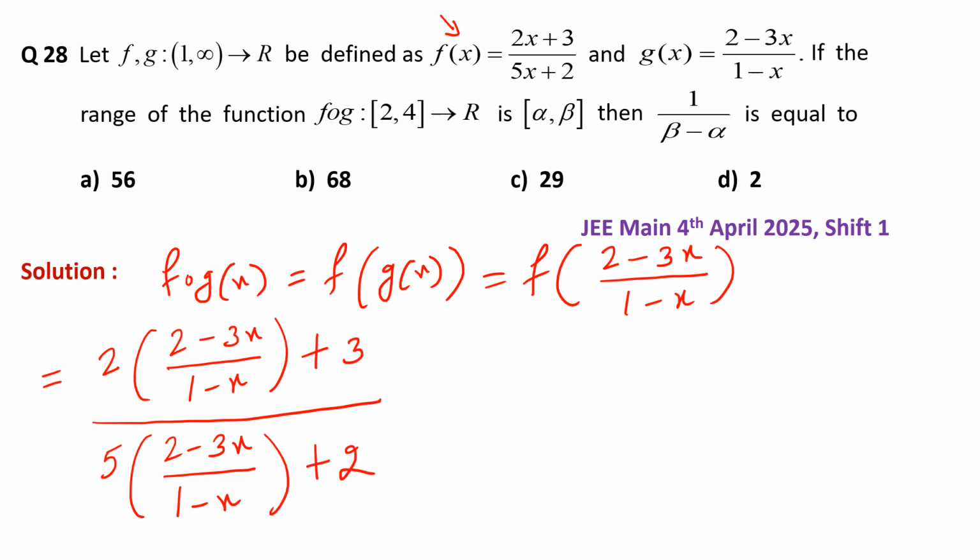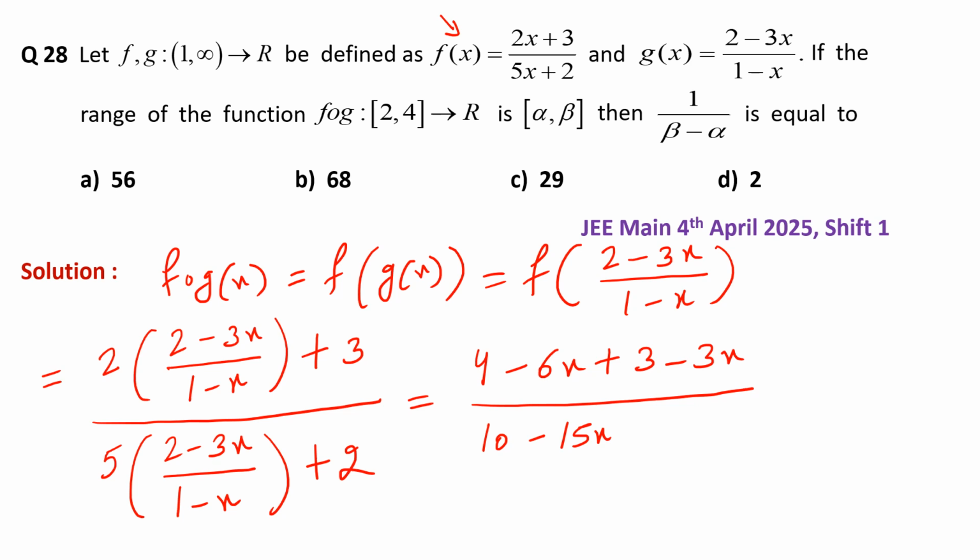Now this becomes (4 - 6x + 3 - 3x) divided by (10 - 15x + 2 - 2x), and this is finally (7 - 9x)/(12 - 17x). Now students, we move further.